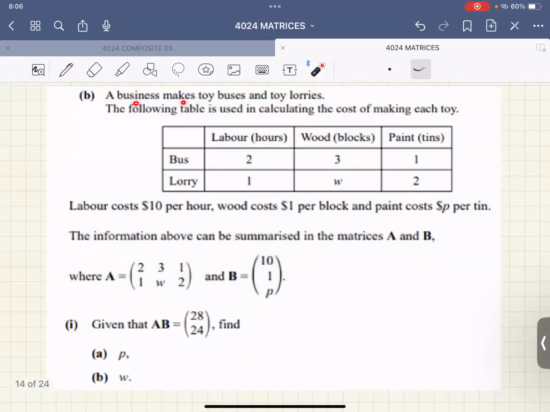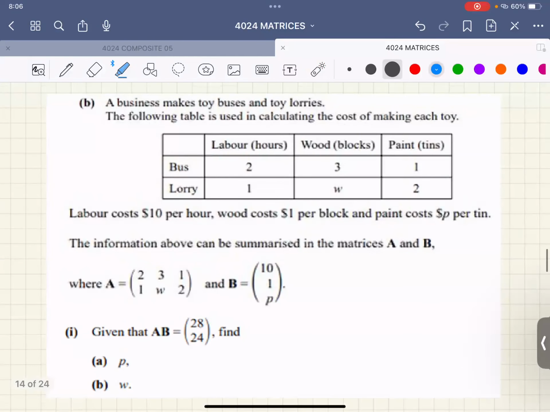A business makes toy buses and toy lorries. The following table is used in calculating the cost of making each toy. Labor cost $10 per hour, wood cost $1 per block, and paint cost $P per tin. So now let me use 3 colors over here. Let me choose labor in red. That's $10 per hour.